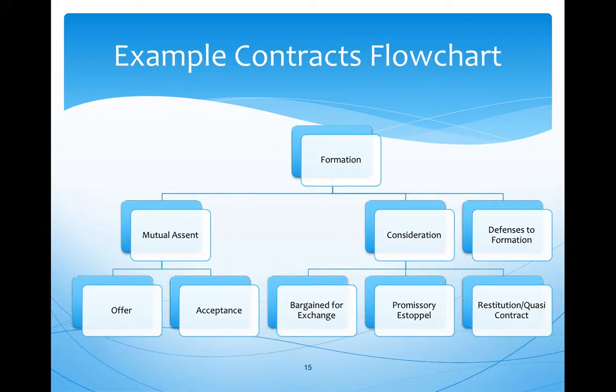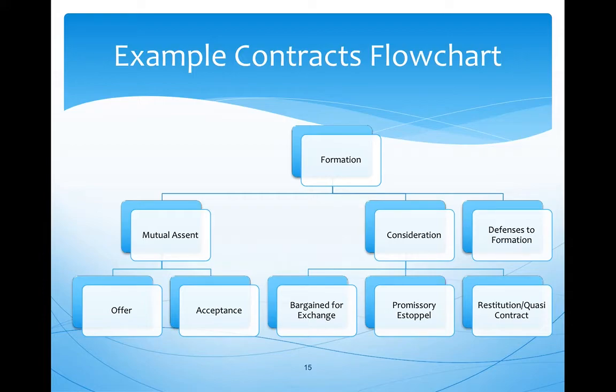An example of a contracts flowchart is with contract formation, perhaps, because contracts are divided into formation, performance, and remedies. We'll learn that, especially if you're going through our review courses in essential elements. But formation, you break it down into mutual assent, consideration, and defenses to formation. Mutual assent is made up through the process of offer and acceptance.